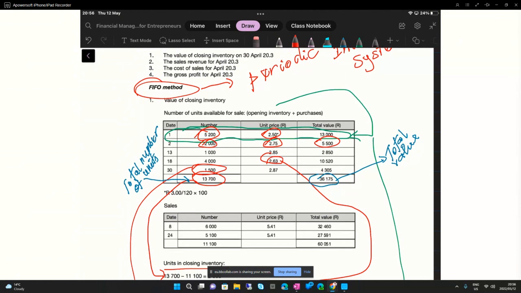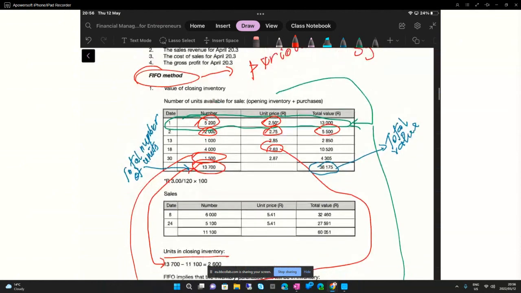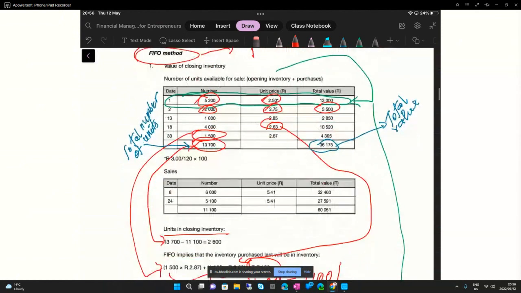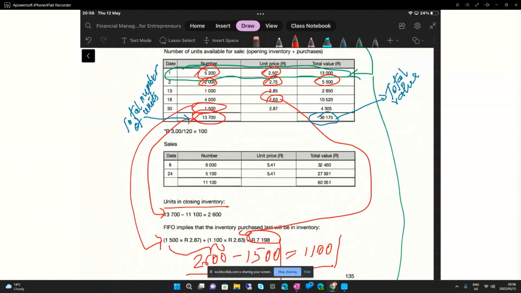The same as for the other dates, all the purchases that were made at a different cost, we calculate the total value. And here we have now the total number of units and the total value. This is quite important in the periodic.